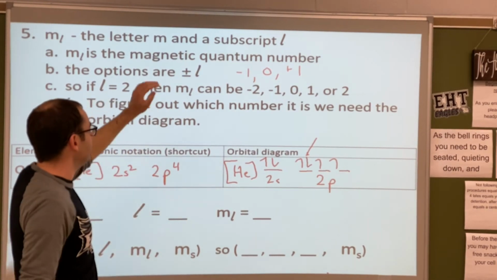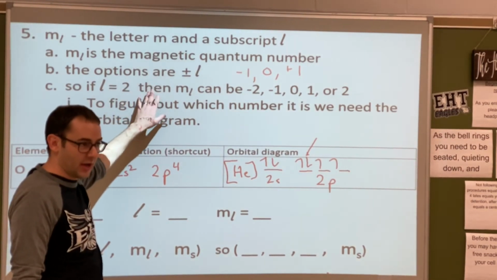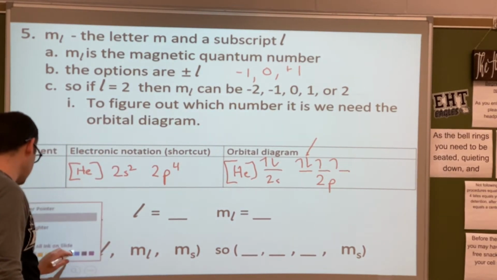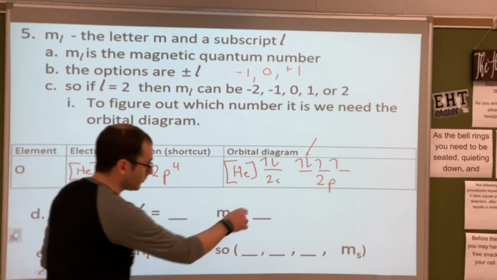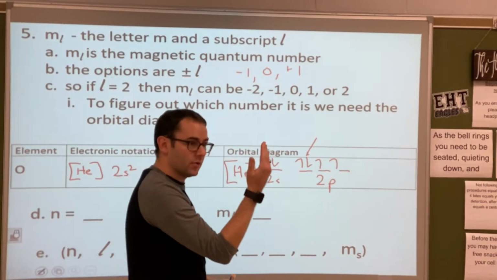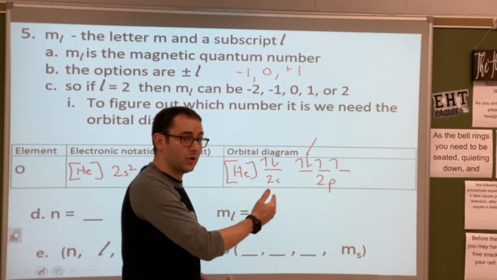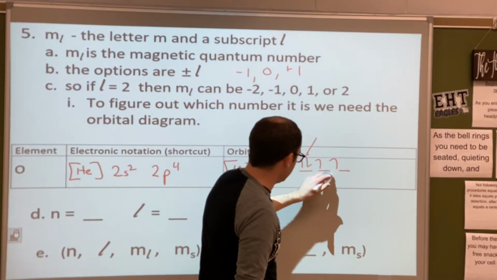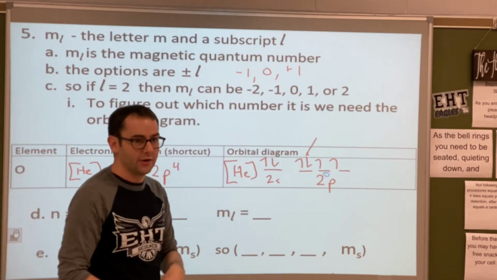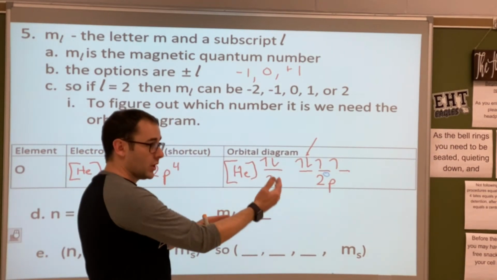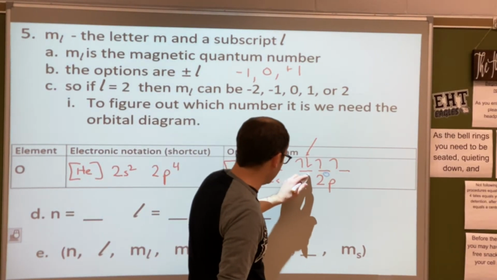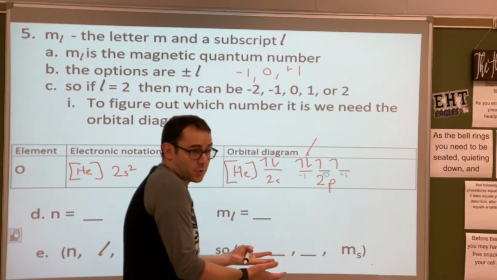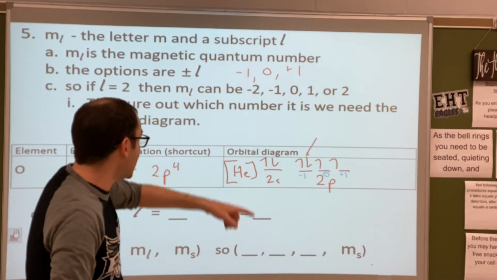You don't even really need to know that it's the plus or minus l, because take a look at the p's over there. You see how there's 3 of them? 1, 2, and 3. No matter what it is, the middle one is always going to be 0. So this is going to be 0, and then you just build your number line from there. So if you're going 1 to the left, it's going to be -1. If you're going to the right, it's going to be +1. And then that's pretty much it. There's your number line. That's what we did up here.